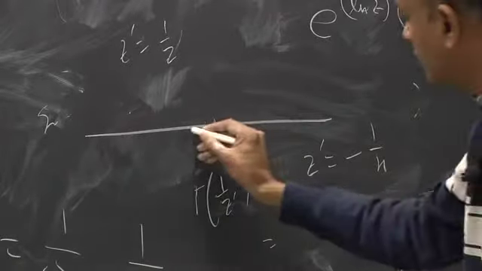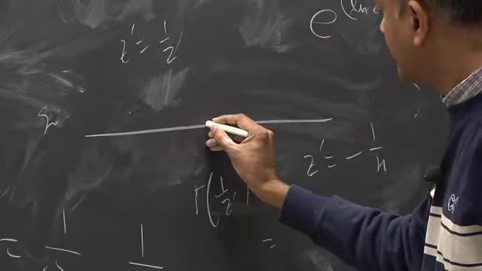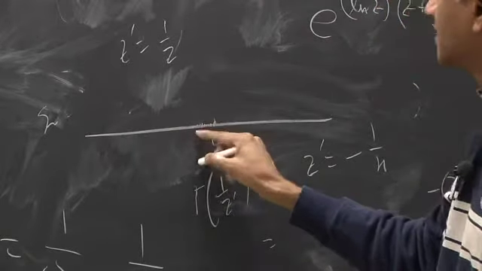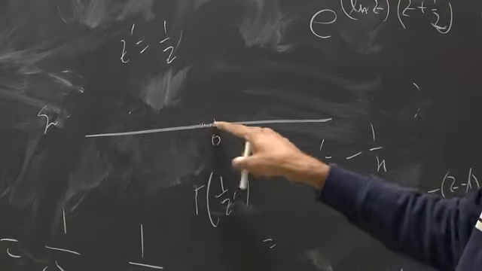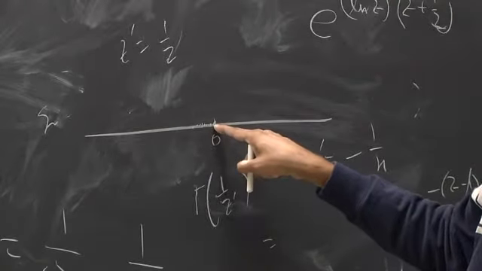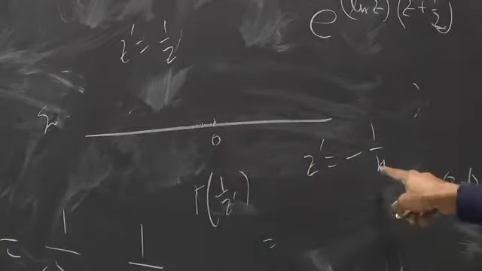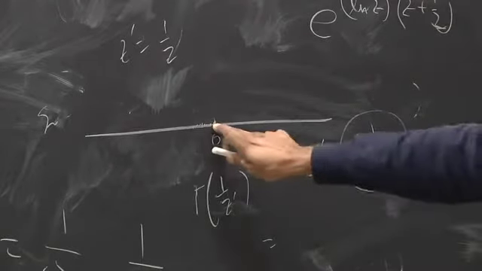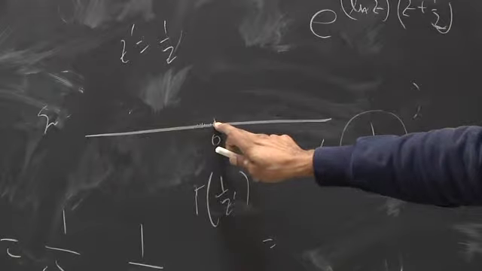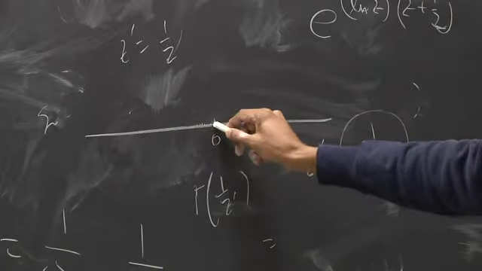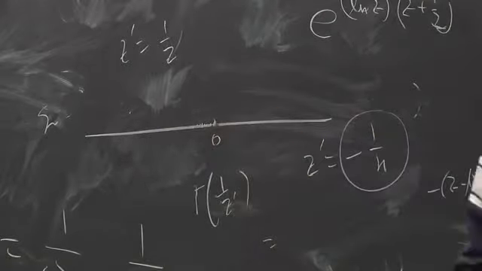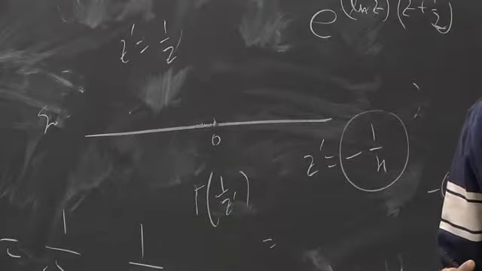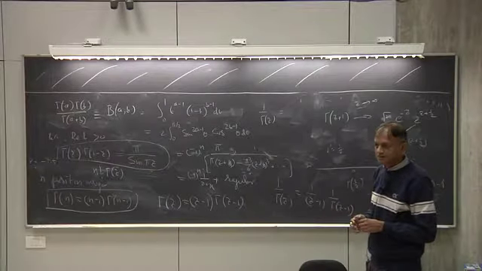So coming from this side, there are an infinite number of points where the gamma function blows up, and there's an accumulation point here, right? If you look at this sequence of points, it has an accumulation point which is 0 itself. So in an arbitrarily small neighborhood of 0, there are infinities. No? So yeah, that's it.